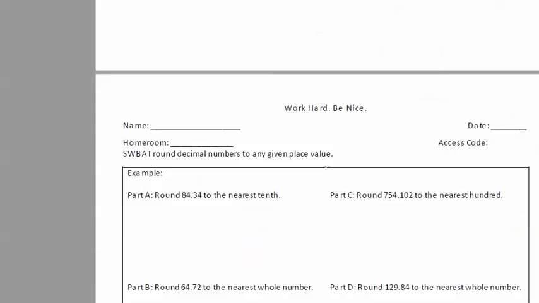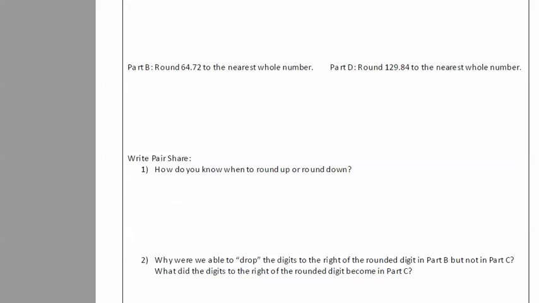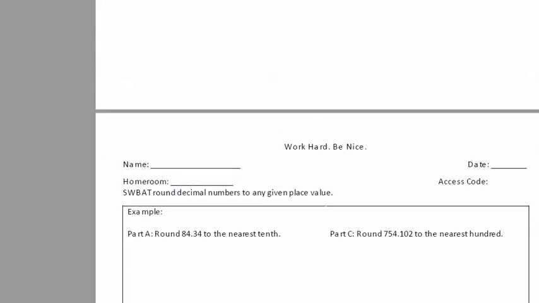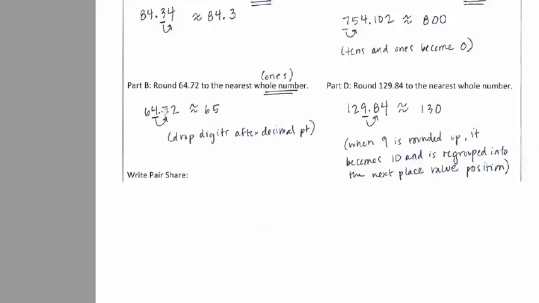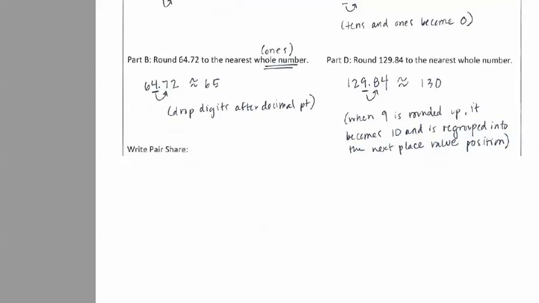Then have students answer these questions. How do you know whether to round up or round down? If it's a 0, 1, 2, 3, or 4, we round down. If it's 5, 6, 7, 8, or 9, we round up. Why were we able to drop the digits to the right of the decimal point? Because I don't need those to keep the place value of the whole numbers.